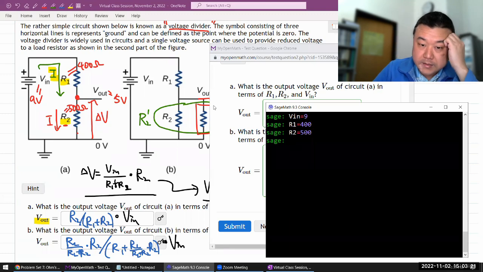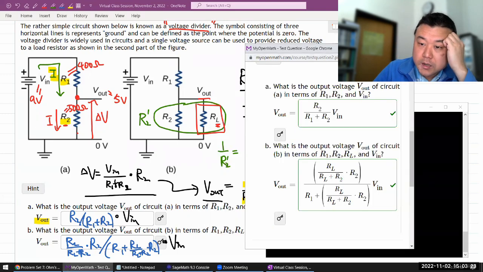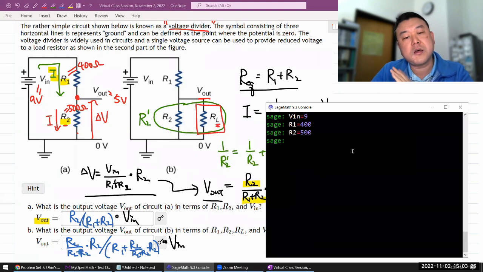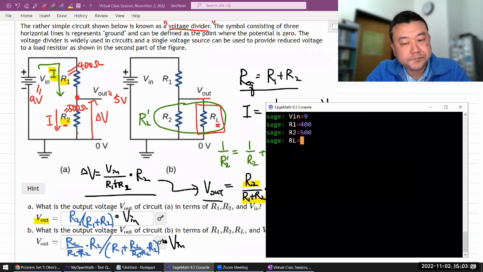So let's say I have this hooked up to some load that has a fairly large resistance. Let's say my load was 10 kilo ohm.